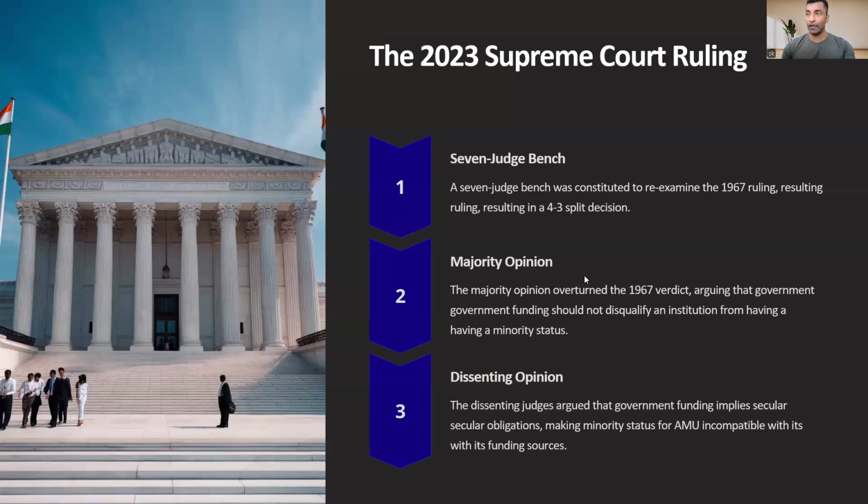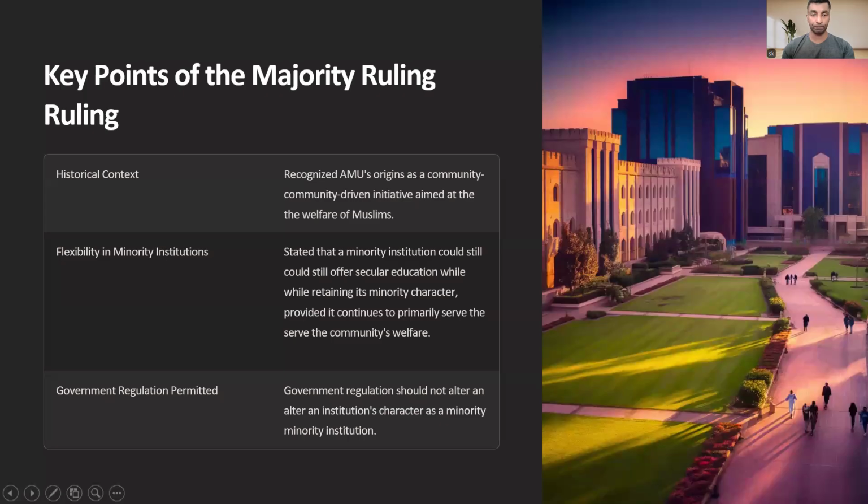And if you look at the key points in the ruling, the Supreme Court's majority opinion introduced nuanced interpretations that could impact how minority institutions operate in India. That's why I told you in the beginning itself, this is going to be a very important topic. If you look at the historical context, the judgment recognized Aligarh Muslim University's origin as a community-driven initiative. That means when it was established in 1875, it was primarily for protecting the educational interest of the Muslim community.